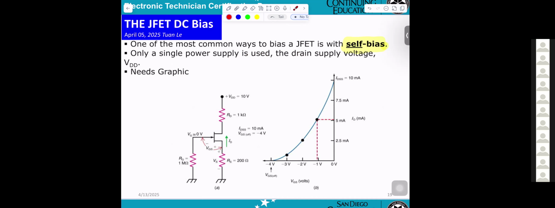We need the graphic. That means for self bias, they are supposed to give you one graphic. Basically, with that, you're able to calculate the current and everything.